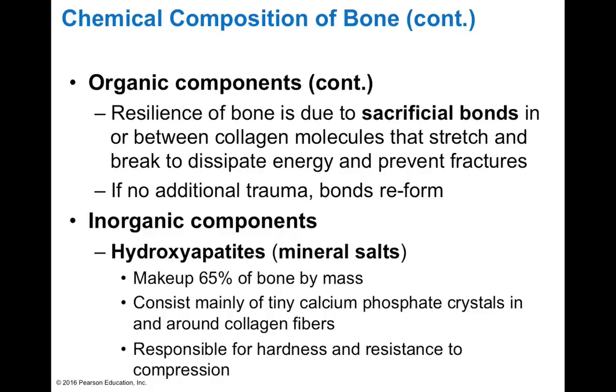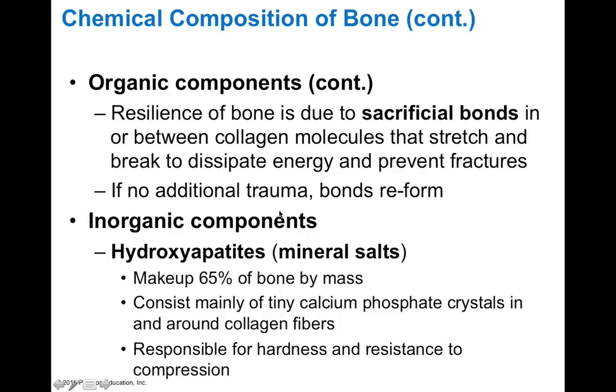Just like in newer cars, there are these crumple zones where if a car gets hit in a certain way, it's designed to crunch and absorb the force rather than bounce off the car, which can damage the person inside. Just like that, our bones have these sacrificial bonds, which are there to crunch and absorb some of the force placed on bones. This eventually helps to dissipate energy and prevents fracture of bone overall. Now, if there's no additional trauma, these bonds can reform.